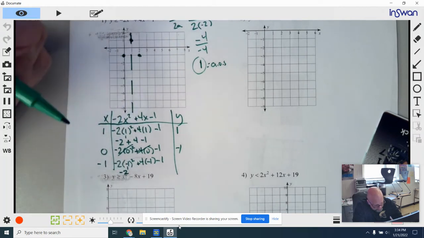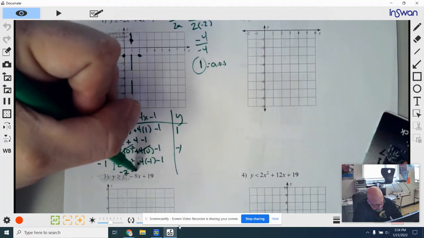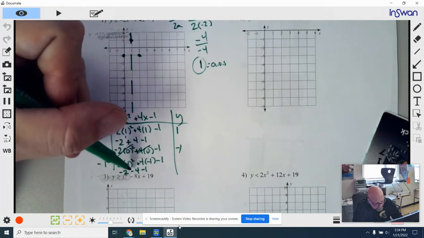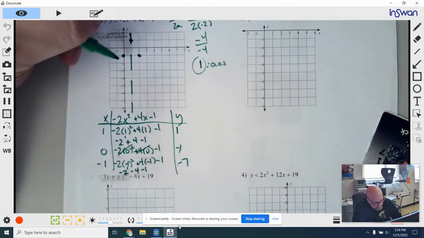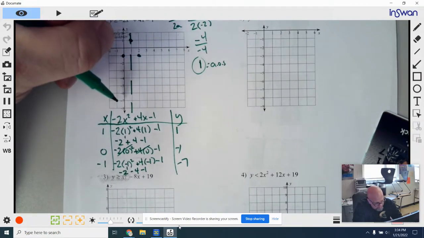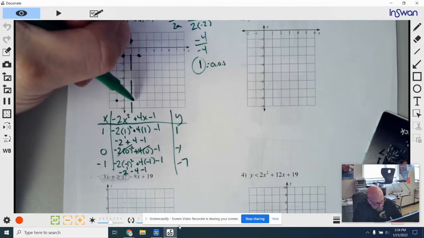So that's going to be a negative 2. And then 4 times negative 1 is negative 4 minus 1. So negative 2 minus 4 is negative 6, minus 1 is negative 7. So at negative 1, you're at negative 7. All right, we're going to go ahead then and reflect. So it looks like you're 2 away. So go 2 the other way.